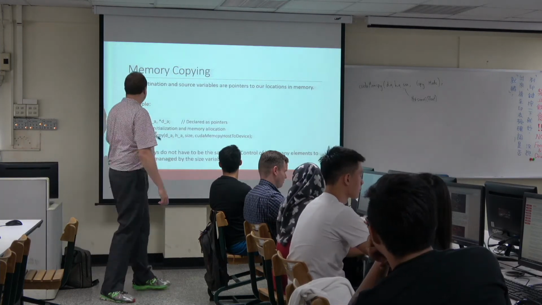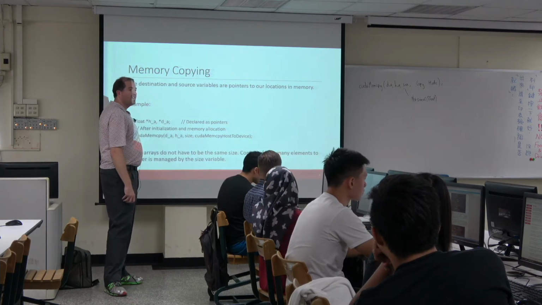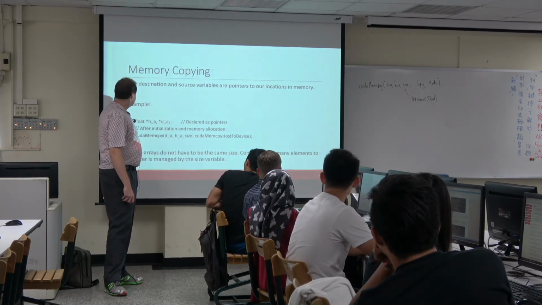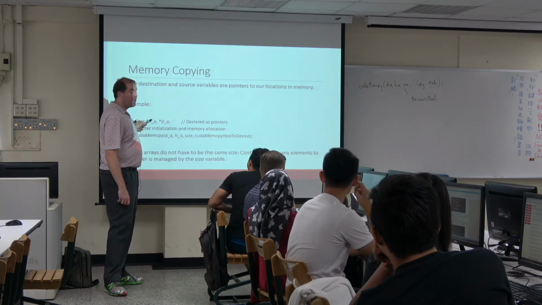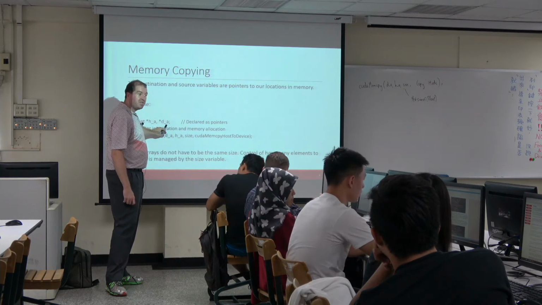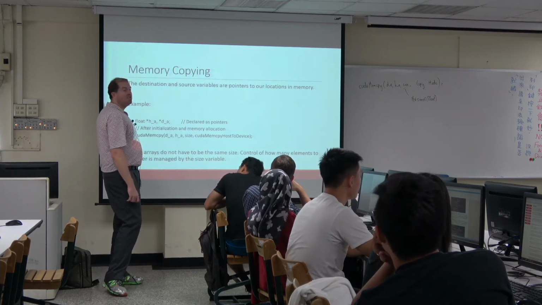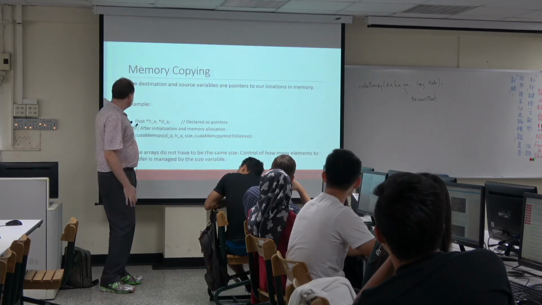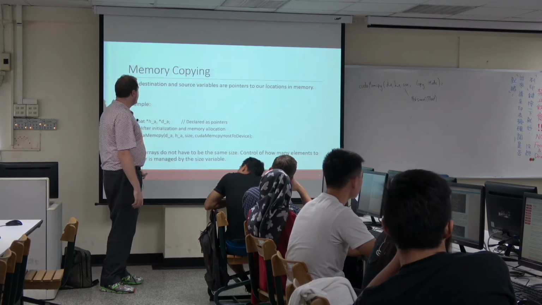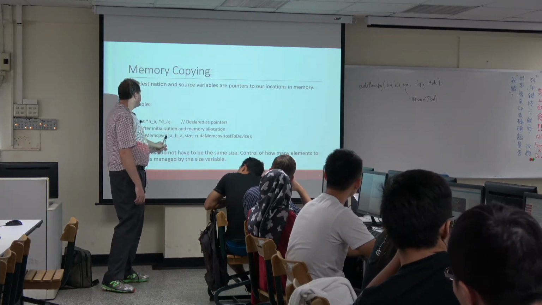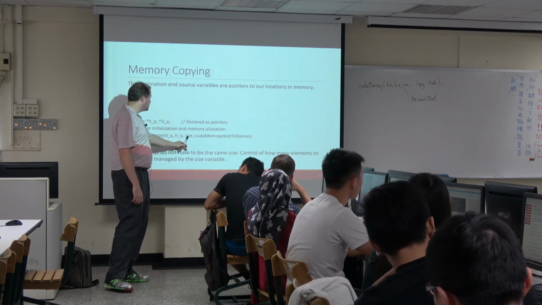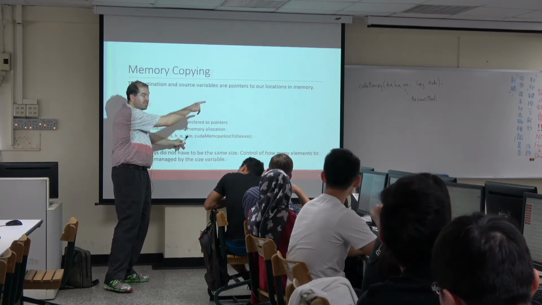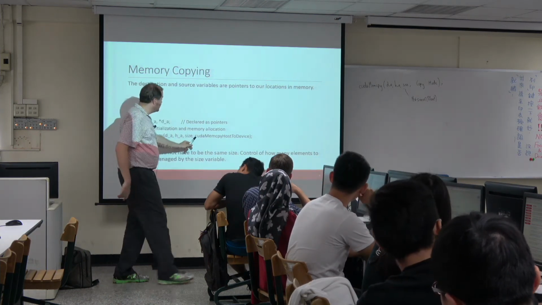These are our pointers. float HA is our array on the host, DA is our array on the device. After you finish using malloc and CUDA-malloc, and we have our arrays and we know what they are, we can use CUDA-mem copy like this. If we want to copy to the device: destination, source, size, which is n times size of float if you're using floats, CUDA-mem copy host to device.